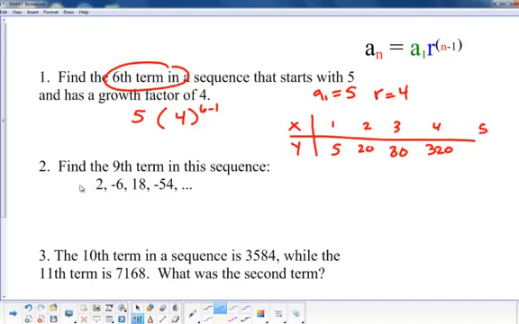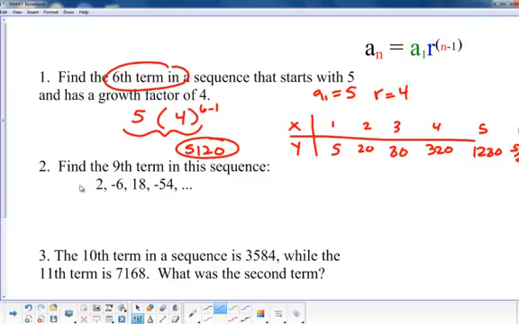Our fifth term would be 1,280. And our sixth term would be 5,120. So let's just make sure that's what we get. In the calculator, you're going to put 5 times 4 to the fifth, and sure enough, you get 5,120. A little bit easier than generating the whole table.